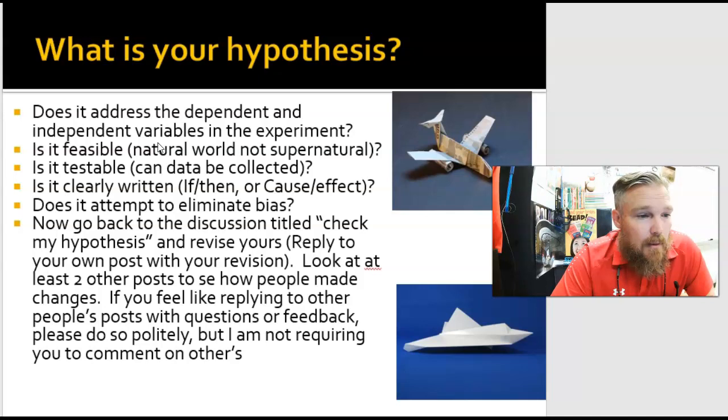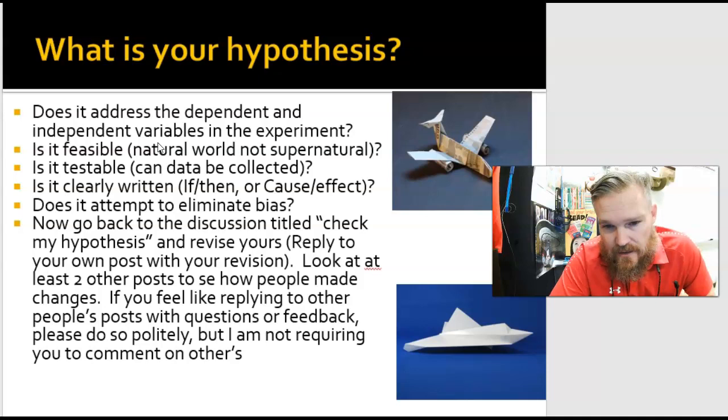So is it feasible? That just means is it not crazy, out of this world type stuff? Is it within the realm of natural world possibilities? Yes. If I throw an airplane, depending on how far it goes, that can tell me if it's the best plane or not, right? Is it testable? Yes, I can collect data on this.